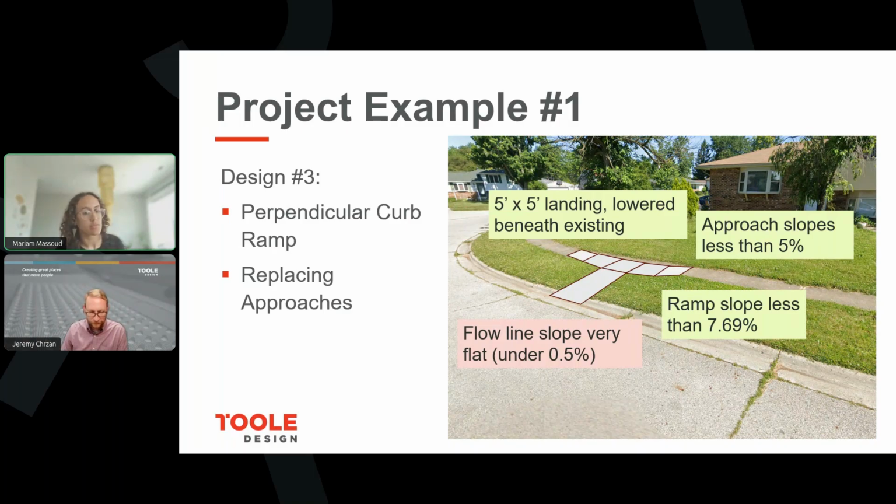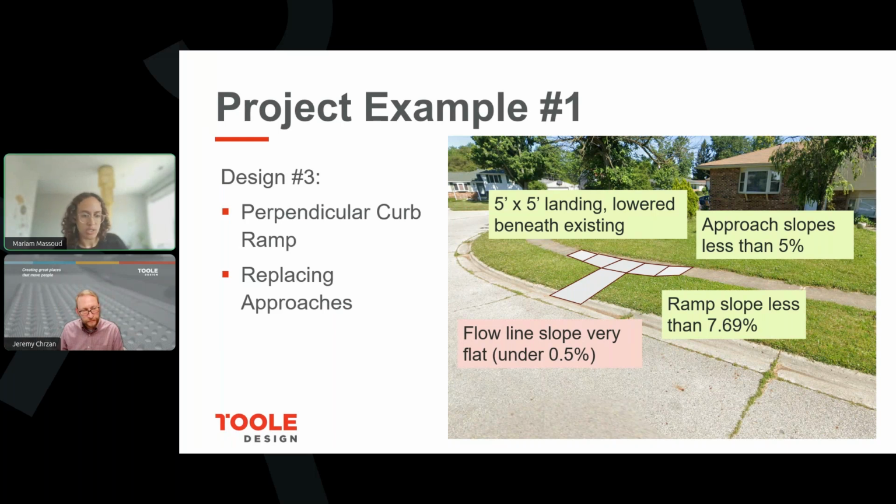This gives us a greater area to transition the cross slope from something that's not compliant to something that is. And by replacing 2 panels on each side, we were able to flatten the grades a bit more. So now those approach slopes are less than 5%, and we're actually back to the perpendicular curb ramp design. It's no longer a combination curb ramp.